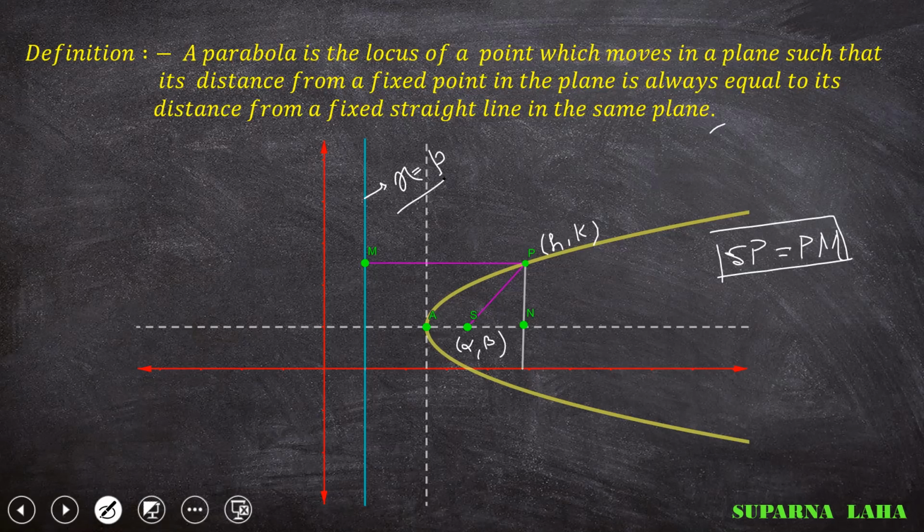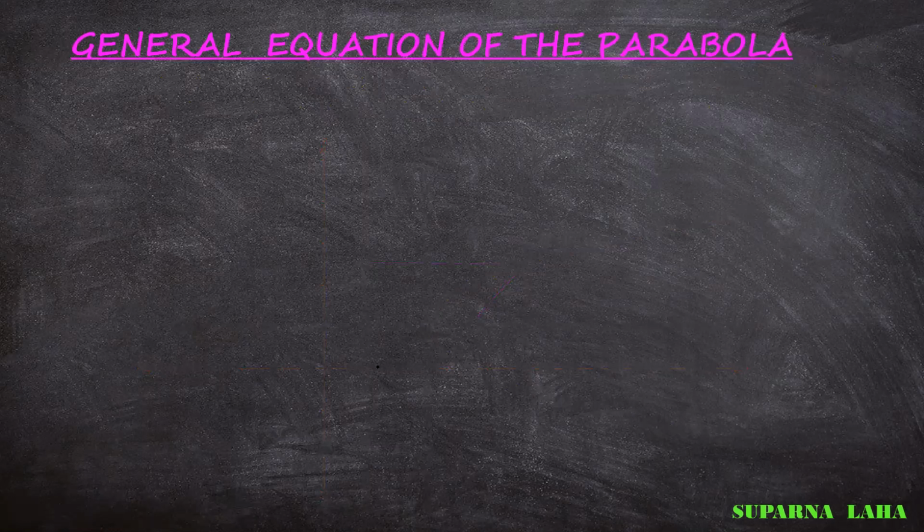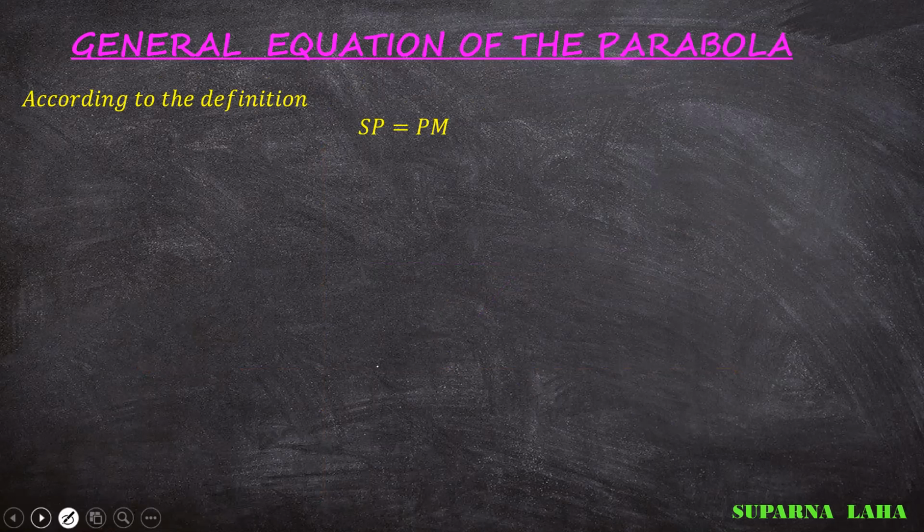Now we need to find the general equation of the parabola. So what should be the general equation of the parabola? According to the definition, we have SP equals PM. Now what are SP and PM? SP is the distance between the points h comma k and alpha comma beta.